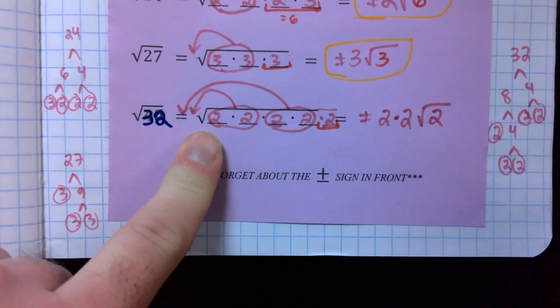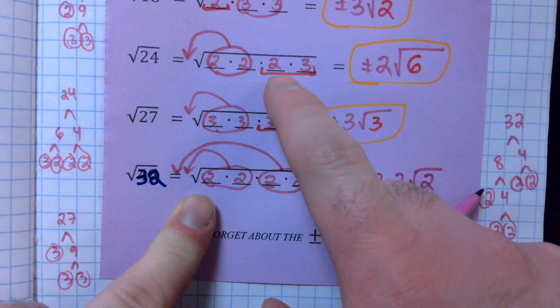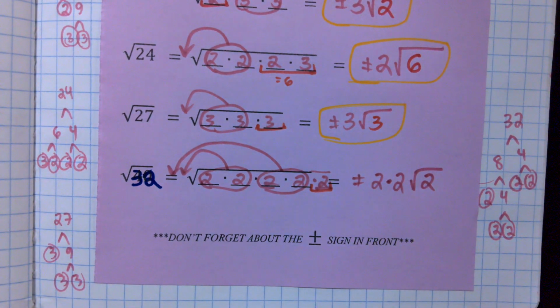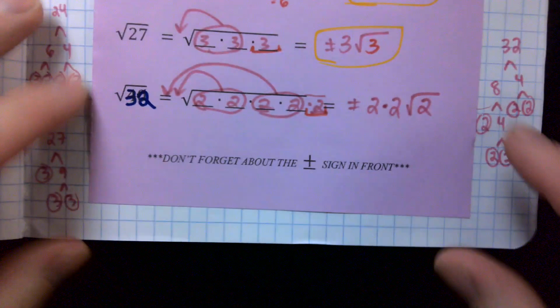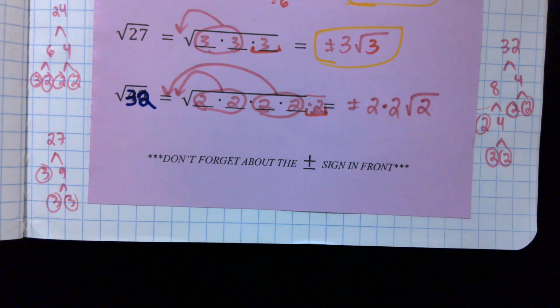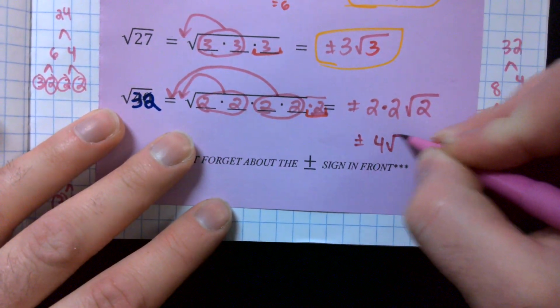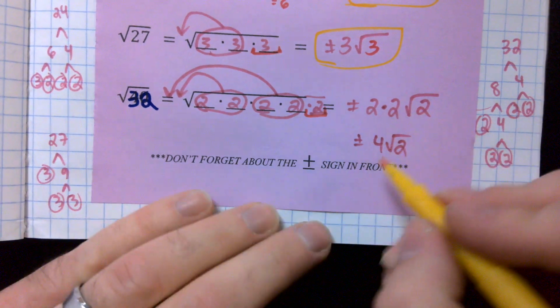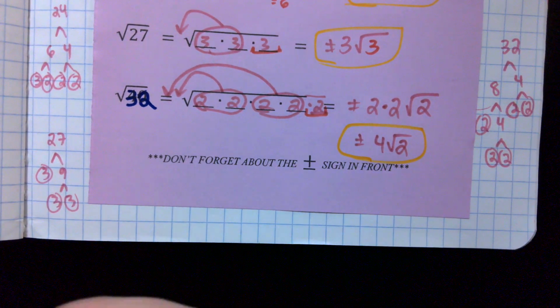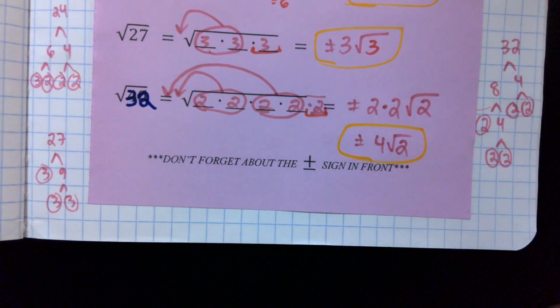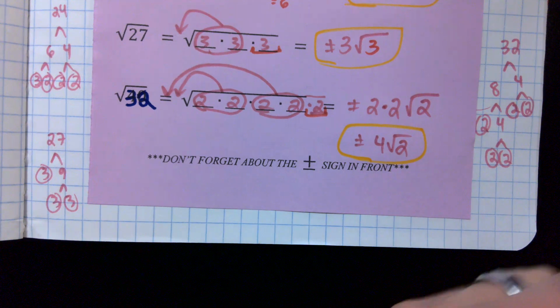Does that make sense? Whatever's left behind, we multiply it back together. If I bring multiple things out, I'm just multiplying them together. Well, what is 2 times 2? 4. Root 2. Obviously, don't forget your plus or minus sign down in front.